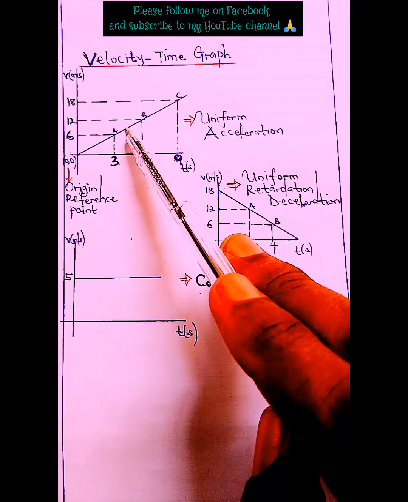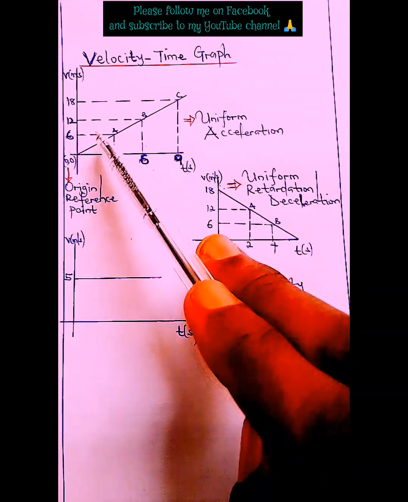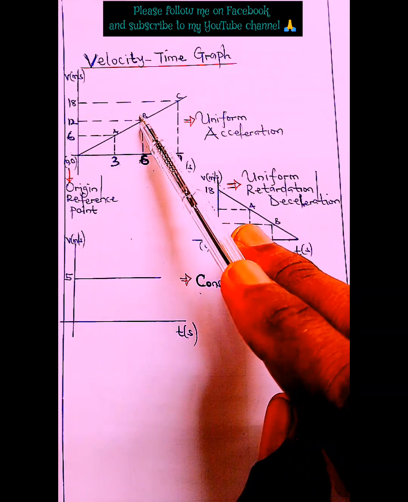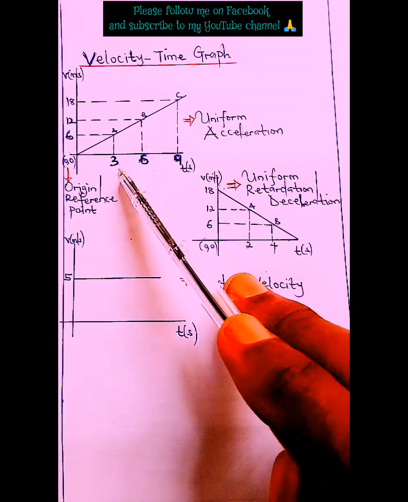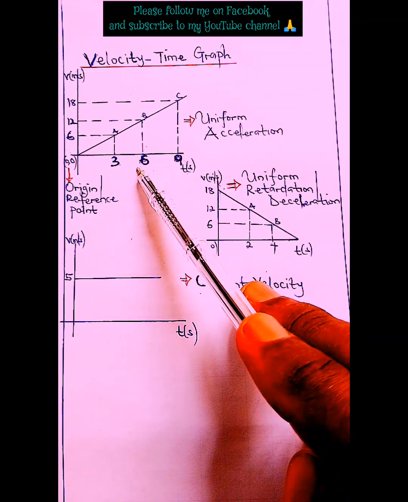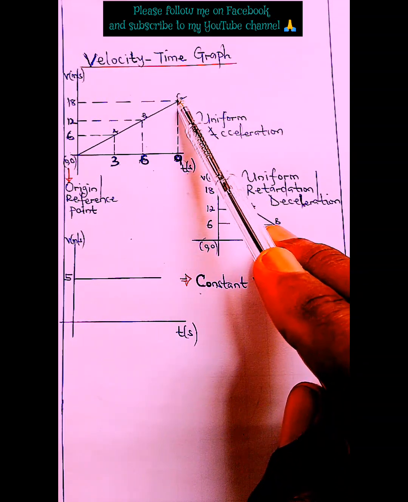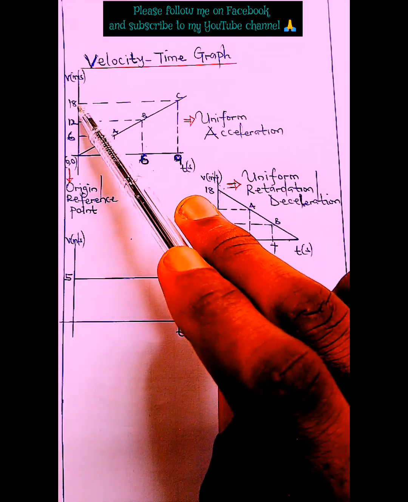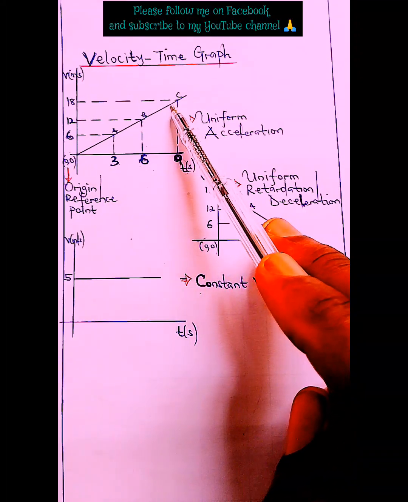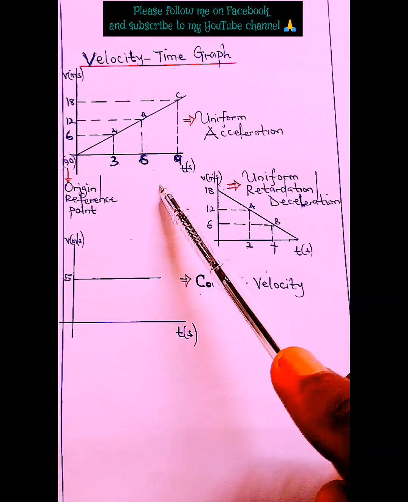So you also have an acceleration of 2 meters per second squared, as you can see: 6 to 12 is a change in velocity of 6 meters per second, and 3 to 6 is a change in time of 3 seconds. The same thing happened at the third point, from 12 to 18 meters per second, a change in velocity of 6 meters per second, and 6 to 9, a change in time of 3 seconds.